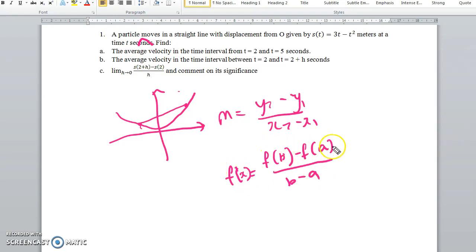That's exactly the same as this formula here, just written with slightly fancier notation for non-linear functions.